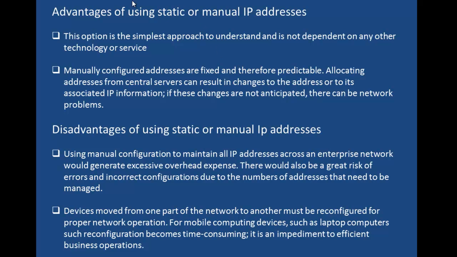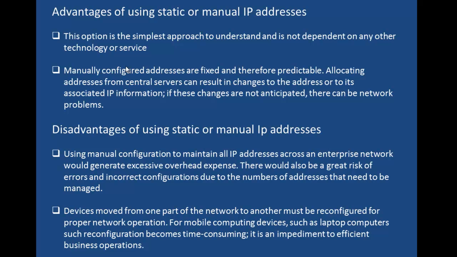This option is the easiest approach, and it does not depend on having a DHCP server within your environment. When we are setting up our servers and when we are setting up our printers, we need to give these machines manual IP addresses, or what we call static IP addresses.